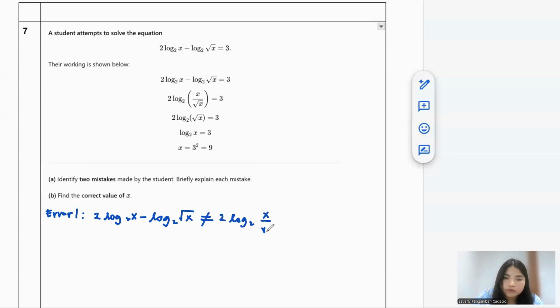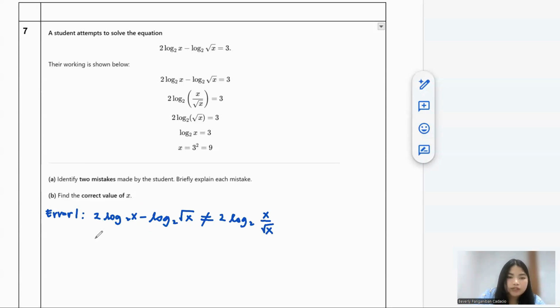Maybe you're going to say, Miss, it's correct because it's minus here. And I remember that you're just going to divide this x here and the root x. Yes, that's correct. If there's no number at the top, I mean, there's no coefficient in your logs, what you need to do first is to make sure that that coefficient 2 will be a power to that x.